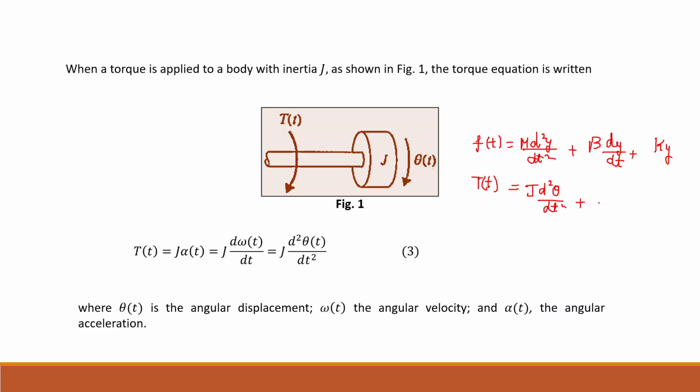If we have a rotational damper arrangement, it will also have a constant, let's say b2, times d theta by dt. And if it has an angular spring, then we will have some k2 theta. A similar representation can be formed in case of a rotational system as we have done in the translational system.